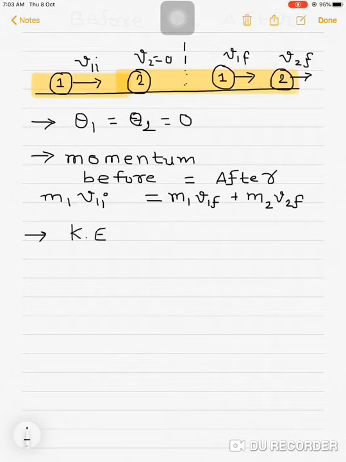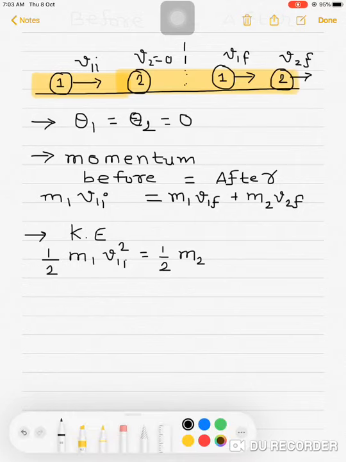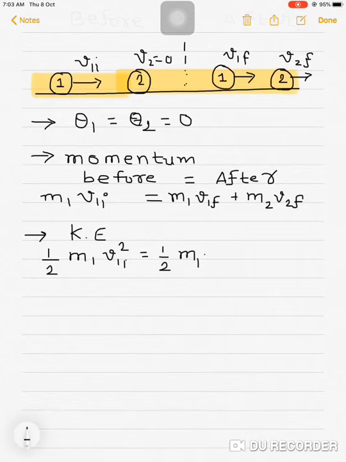What will be the kinetic energy? 1 half m1 v1i square equals 1 by 2 m1 v1f square plus 1 by 2 m2 v2f square.